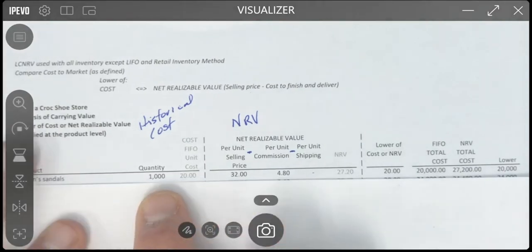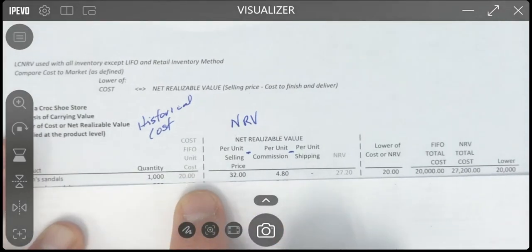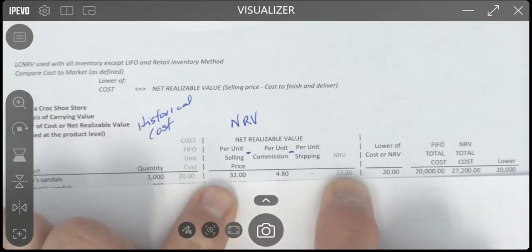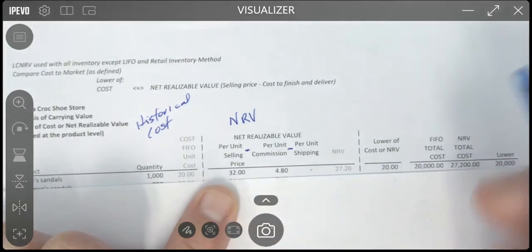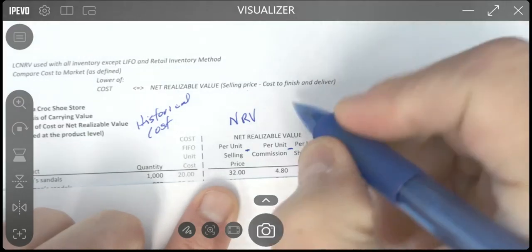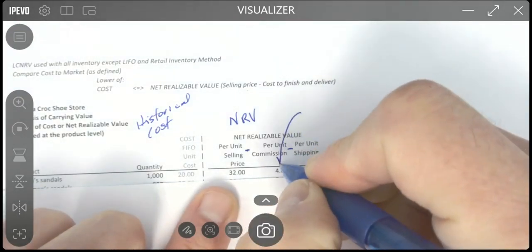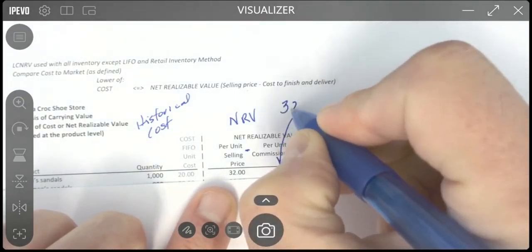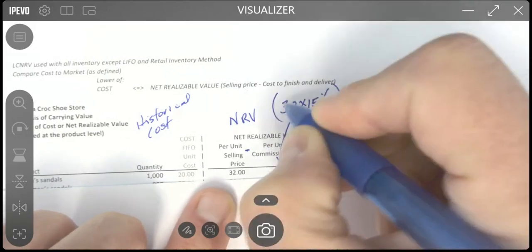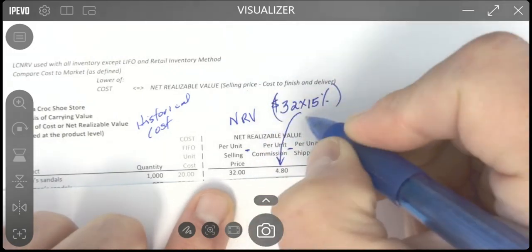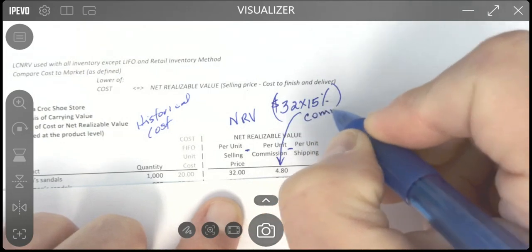There are 1,000 pairs at 20. There's the unit cost. The net realizable value is 32 minus 480, where 480 is 32 minus the 15% commission.